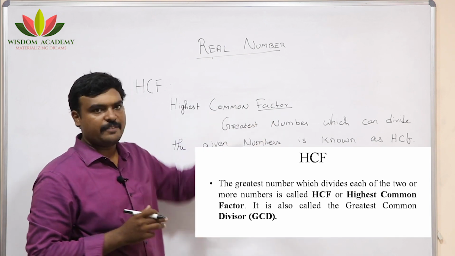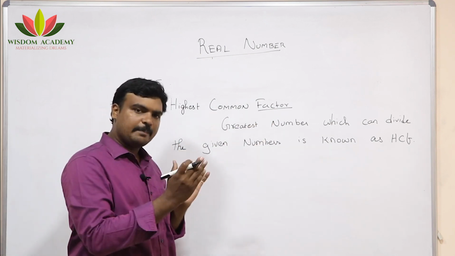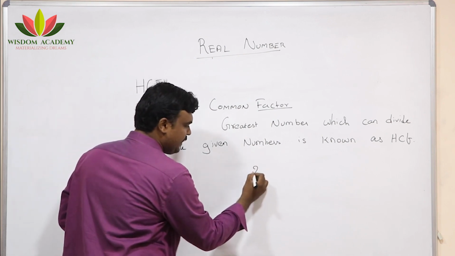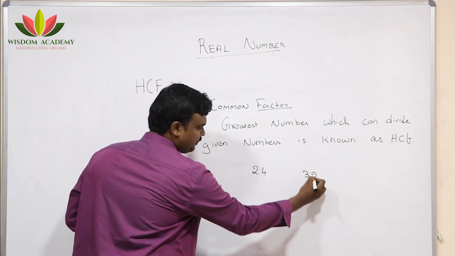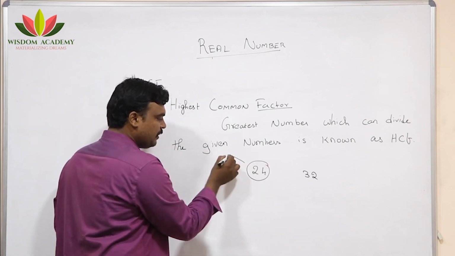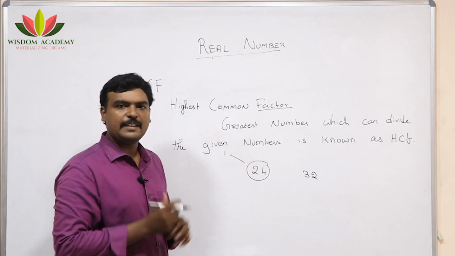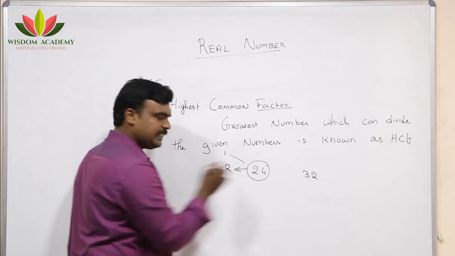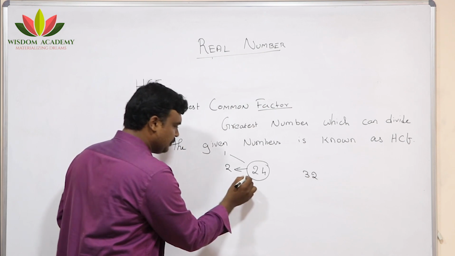So now common factor means two numbers having a common factor. For example, let's take 24 and 32. Now what are all the factors of 24? Definitely 1 is a factor, 1 will be a factor for all numbers, right? Now 2, since it is an even number, it will be divided by 2.